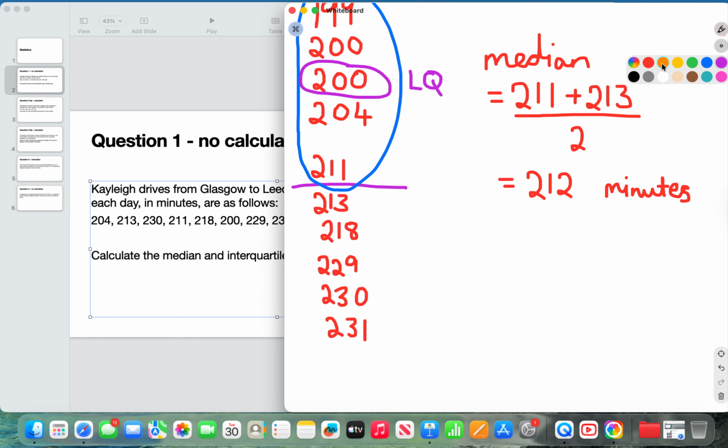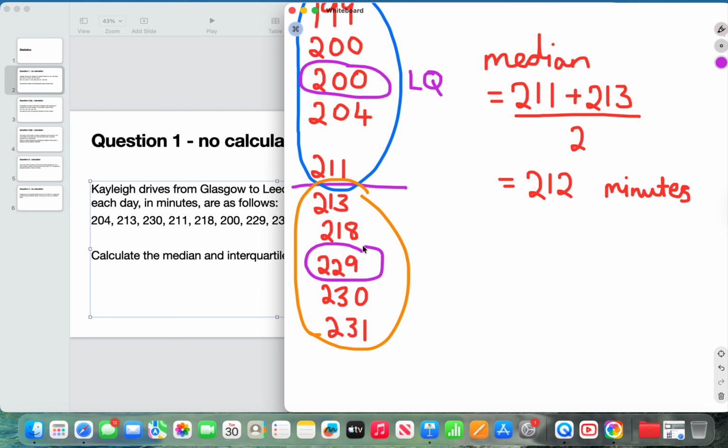Then we want to look at the upper half and take the median of that, giving us the upper quartile. I will mark this in purple again. So if you take 229, you get 2 numbers above and 2 below. It does not matter that 229 is much closer to the higher end of 231 than it is to the lower end of 213.